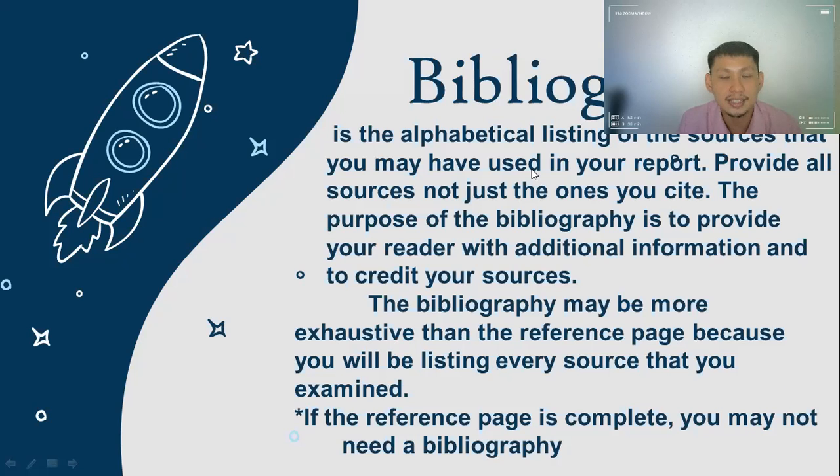Next, bibliography. When we are saying bibliography, these are the pool of your resources or your references. All, and I say all of the resources, all of the references that you have put in the body should be mentioned here.